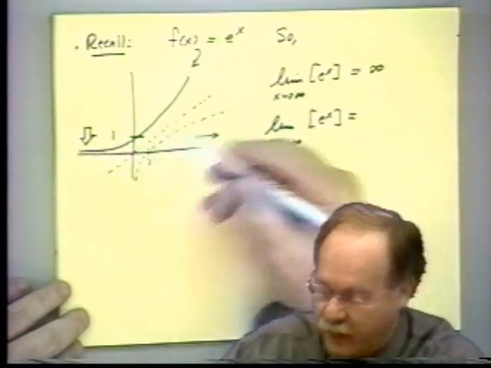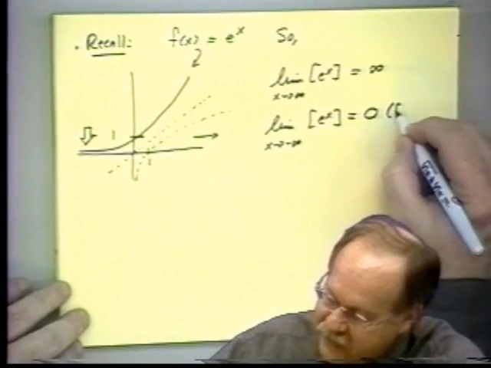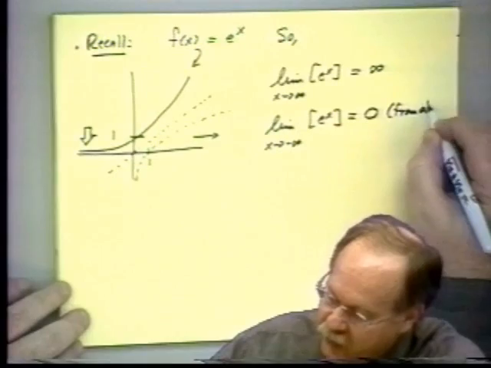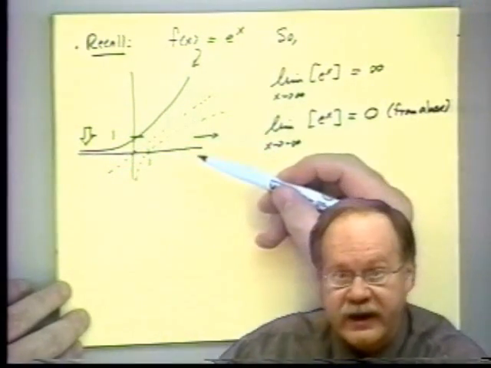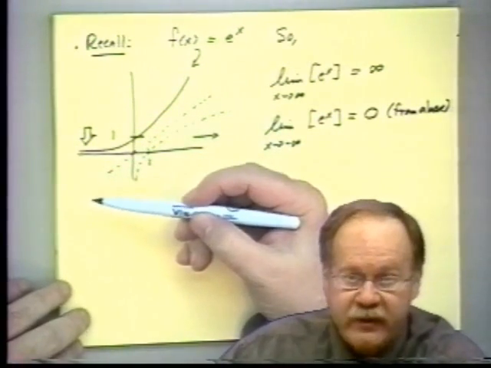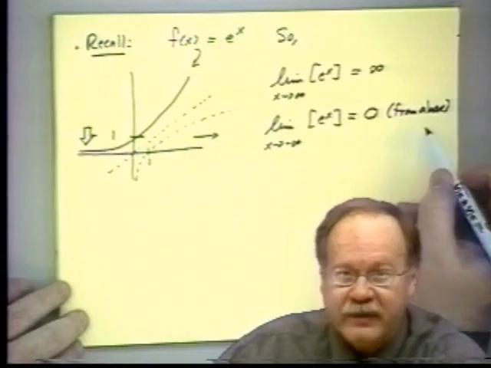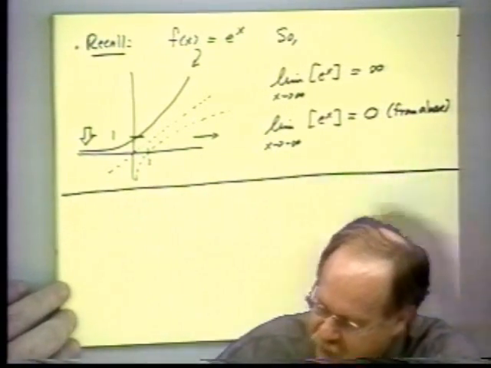This distance seems to be shrinking down to a height of 0. So the answer here would be 0, and I'm going to add something that's not usually added. I'm going to write from above, because we are approaching 0, which is the x-axis height. We're approaching that from above rather than from below or in some other manner. So it's nice to note that, even though there isn't any official notation for that.